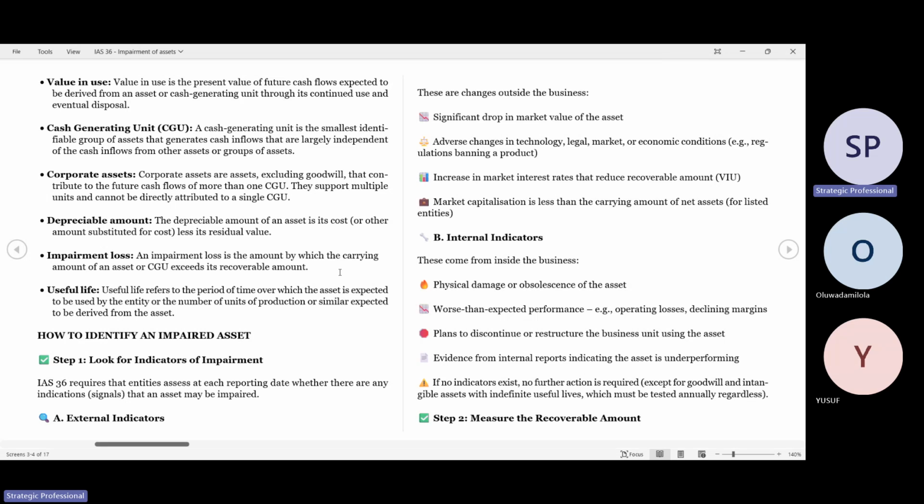Thank you. So, how to identify an impaired asset? For you to identify an impaired asset, in every circumstance, you usually look out for indicators of impairment.